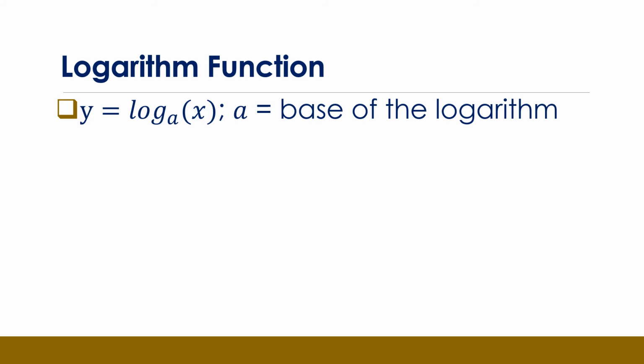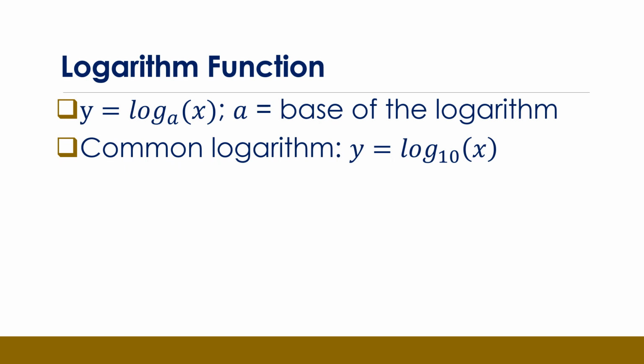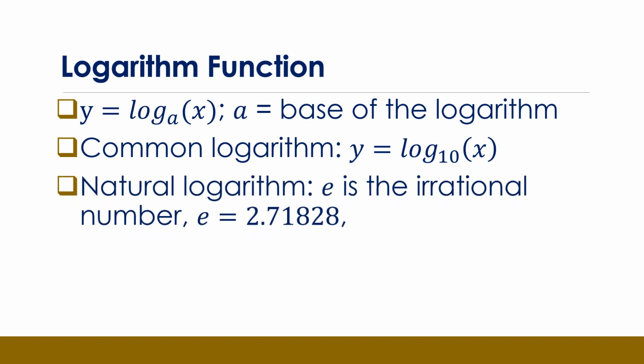We have 2 commonly used bases: base 10, known as the common logarithm, written as log base 10 x, and base e, where e is an irrational number. An irrational number is a number that cannot be expressed as a fraction.